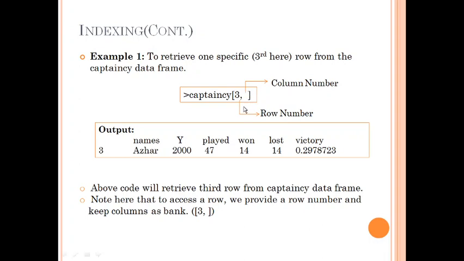Note here that had a column number been given, then from the third row only that particular column's value would have been extracted, but as we want the entire row, we have kept the column number blank. The output is supposed to be like this. Let us do this on RStudio.